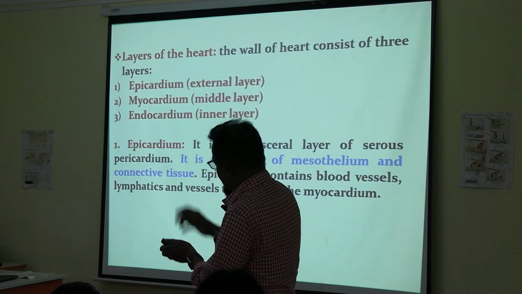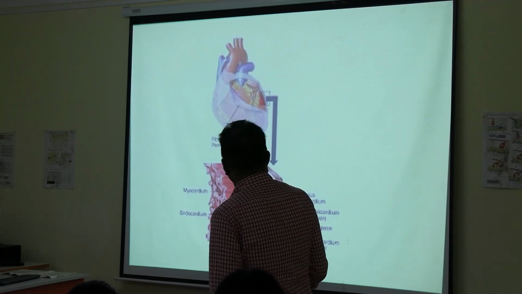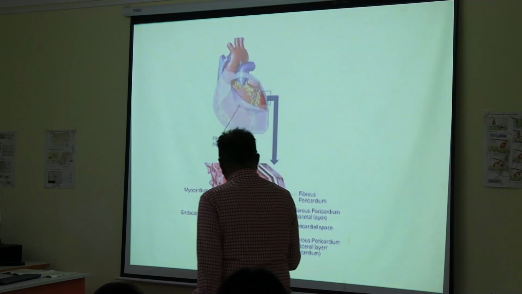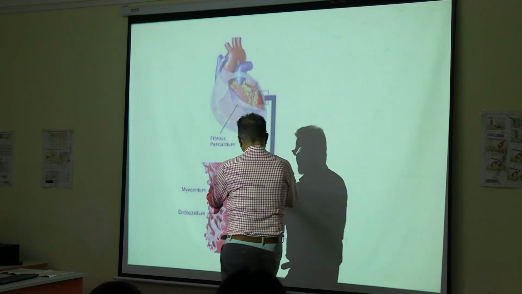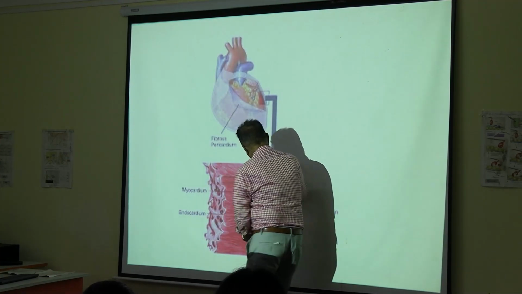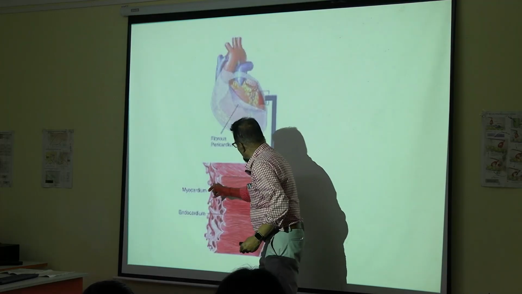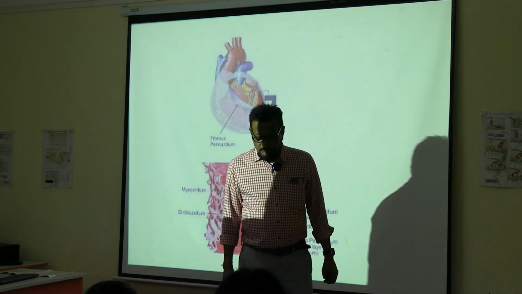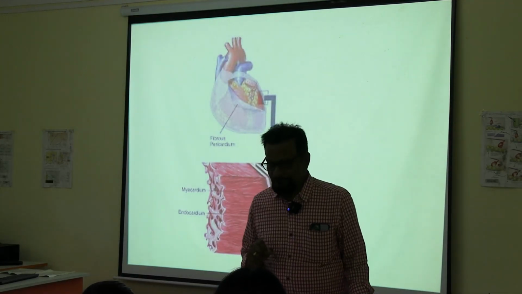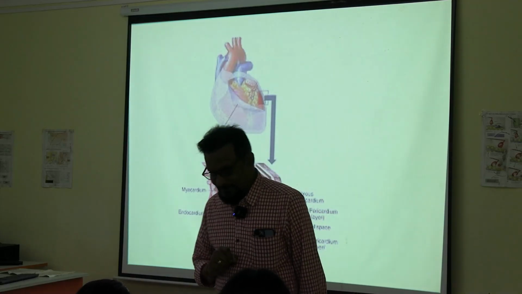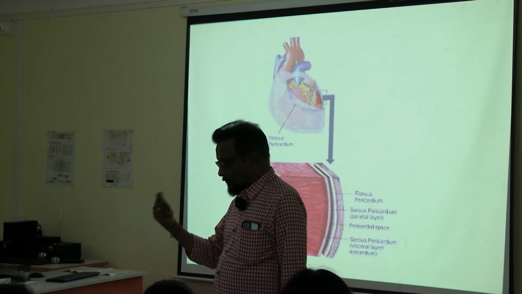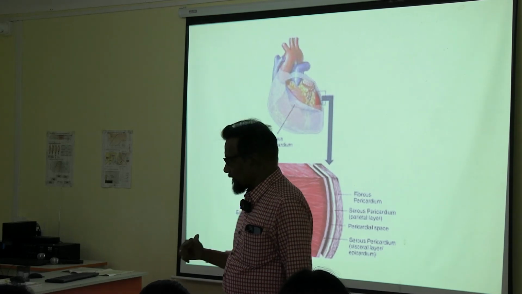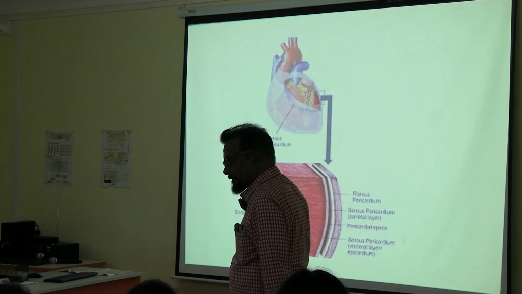So now let me take a portion of the wall of the heart from here to here. What will you get? Epicardium you will get. What is epicardium? The outer serous layer. Okay.